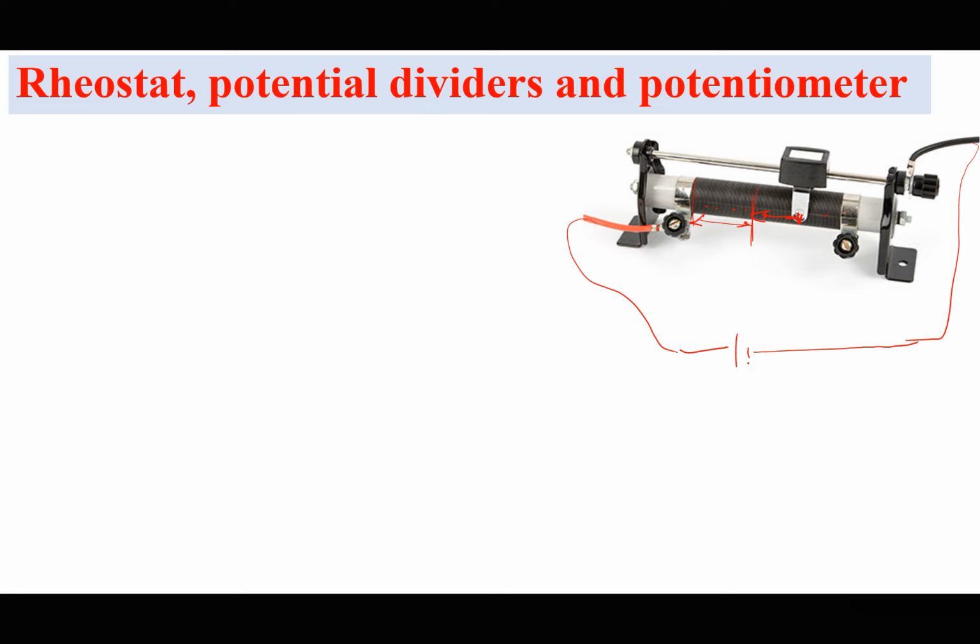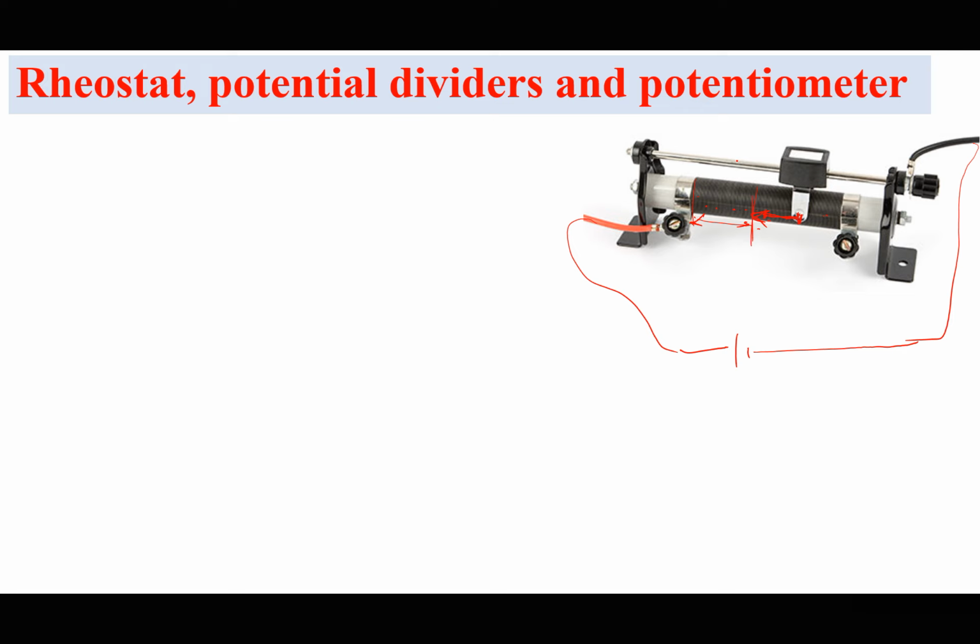Therefore, I'm reducing the PD across that wire. I'm varying the PD across that wire. So if I want to connect this maybe to another device, I could have a device which needs the output from the rheostat, so that I can always move the sliding contact to change the PD across the wire, which will be the PD across the component which we want to supply with energy, or to supply with the current to that effect.